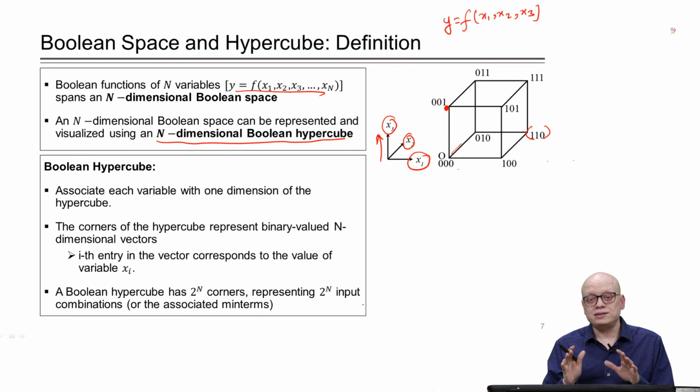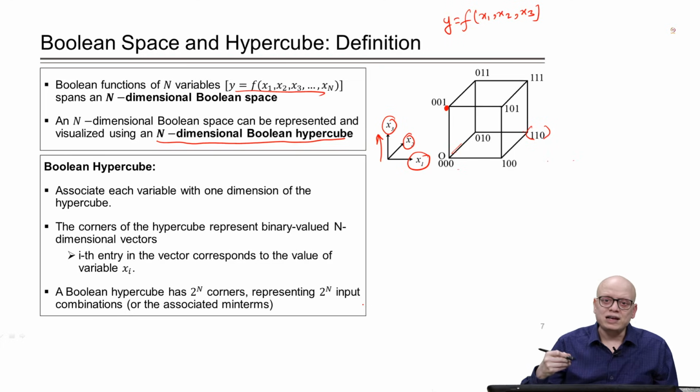The only difference is that rather than writing it in a table form, we are drawing it in a cube form. Why are we drawing it in the form of a cube? Because it will help us visualize the logic minimization tasks that we will be looking at subsequently in this lecture.